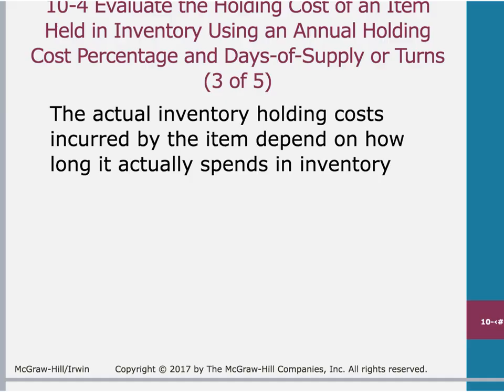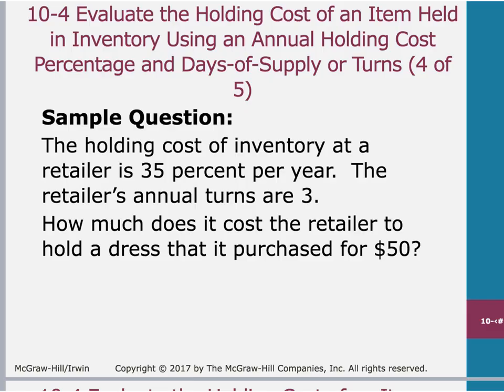The actual inventory holding costs incurred by the items will depend on how long it spends in inventory. So that initial calculation is based on you holding it for the year. However, let's say you turn the inventory 3 times per year. You would actually divide that $15 by 3 to get $5 as the holding cost.